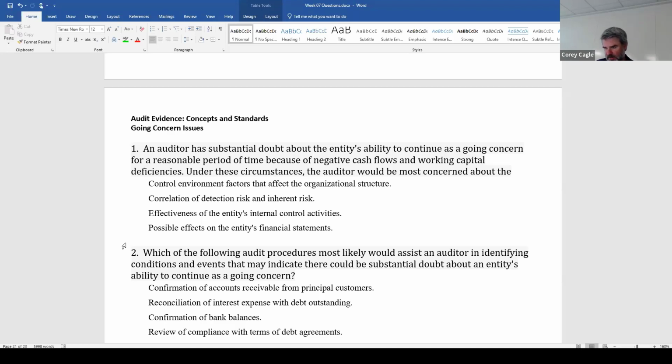Under this circumstance, the auditor would be most concerned about what? So what are we as auditors most concerned about? Whether the financial statements are fairly presented in conformity with GAAP, right? So that's what it all comes down to for this. Are their financial statements doing what they're supposed to do?